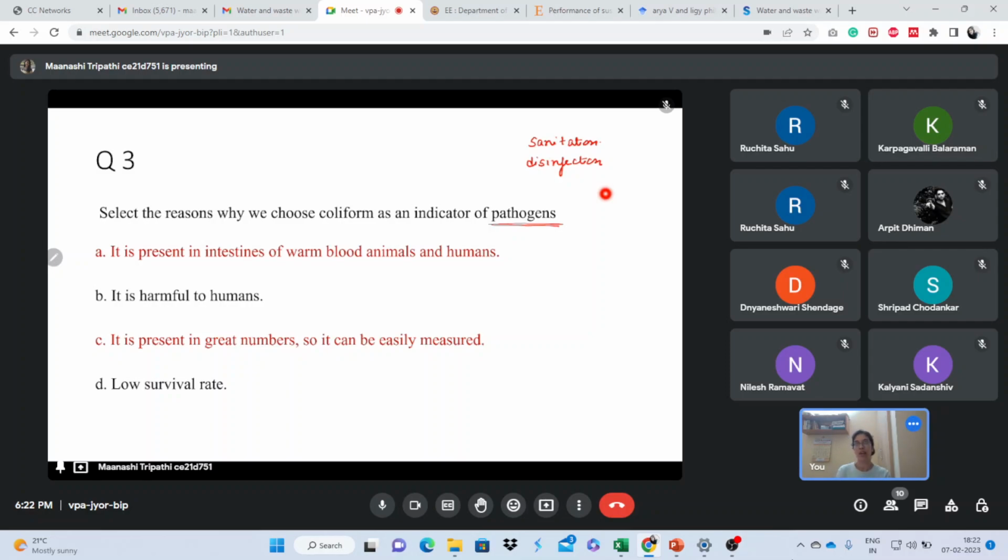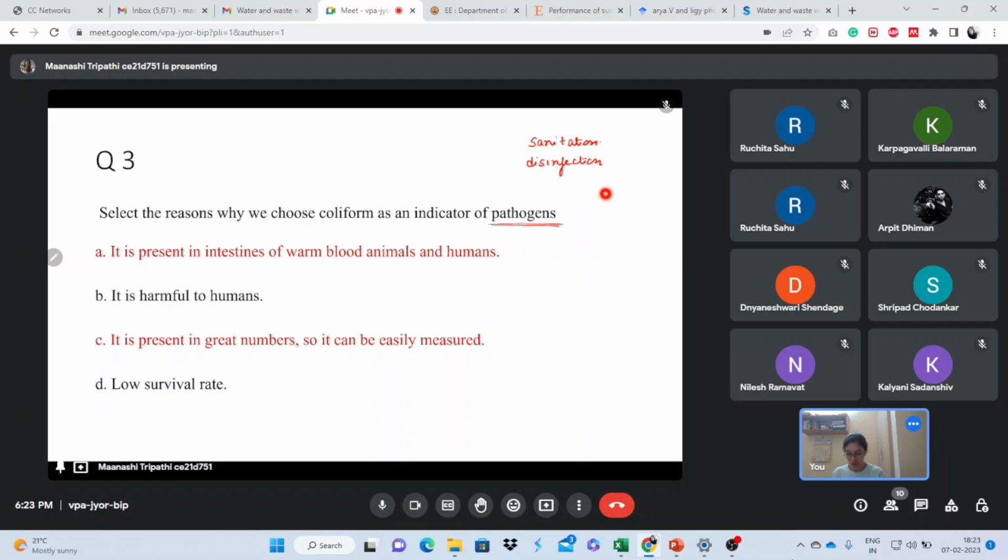That is why, if you have noticed, sanitizers are costlier than disinfectants, because sanitizer will kill everything, good, bad, everything, and disinfectant means it's going to kill only the pathogenic bacteria. So that is the difference between sanitation and disinfection. I hope it is clear now.